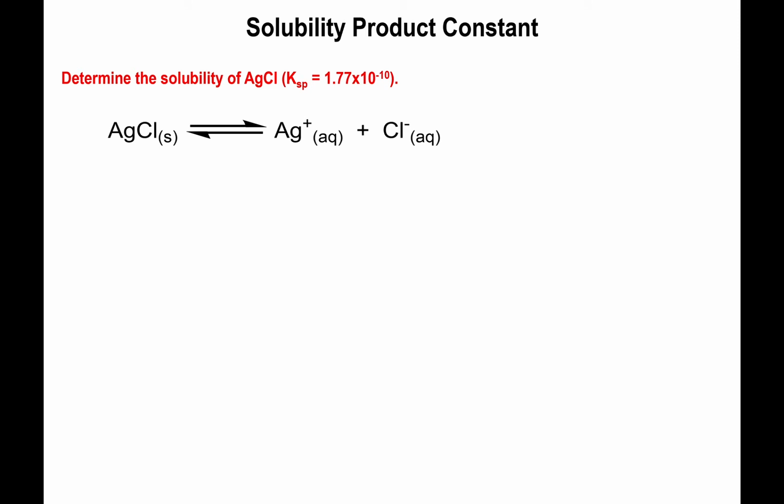And you may remember, like in the case of silver chloride, we determine the solubility simply by starting with a solid insoluble compound and deriving the corresponding cation and anions that may form upon dissolution.